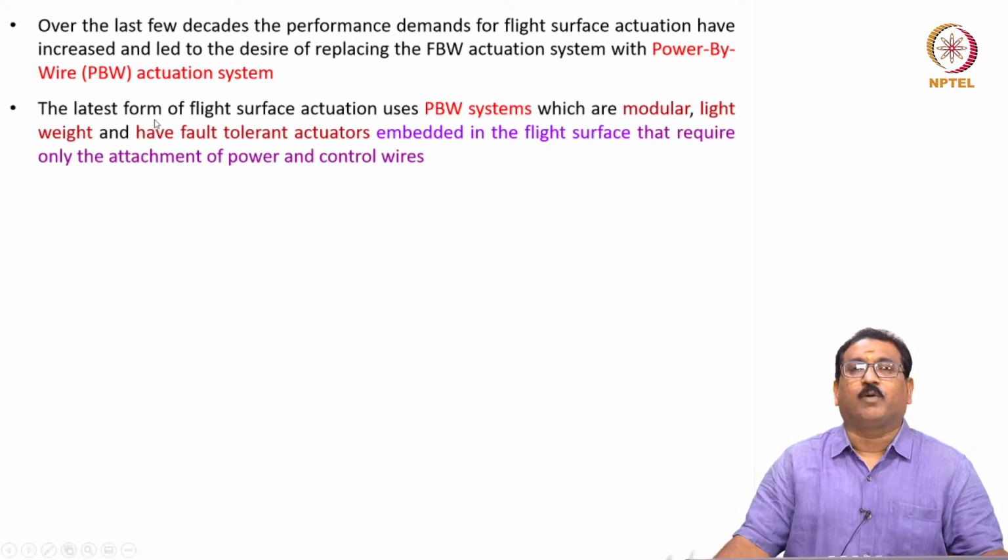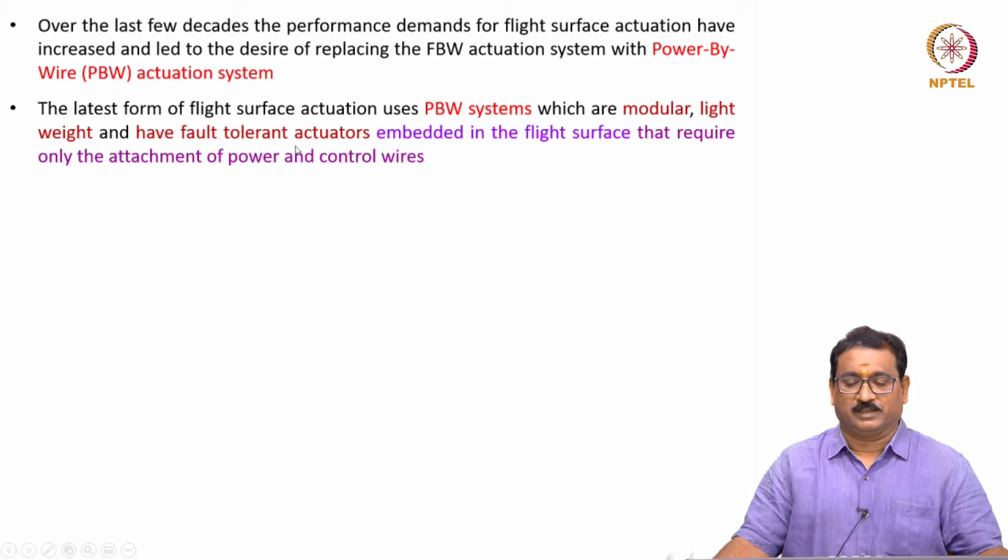The latest form of flight surface actuation uses PBW systems, which are modular, lightweight and have fault tolerant actuators embedded in the flight surface that require only the attachment of power and control wires.